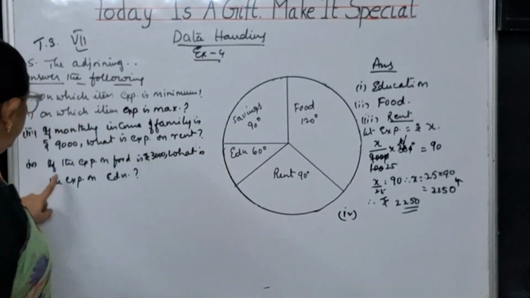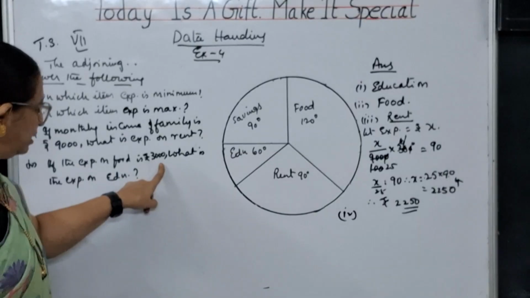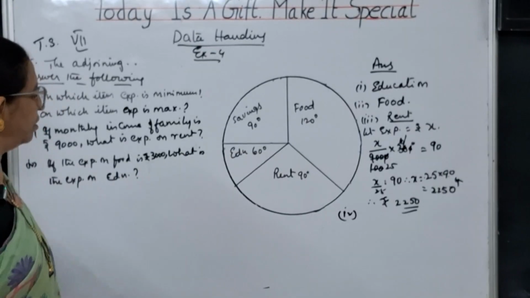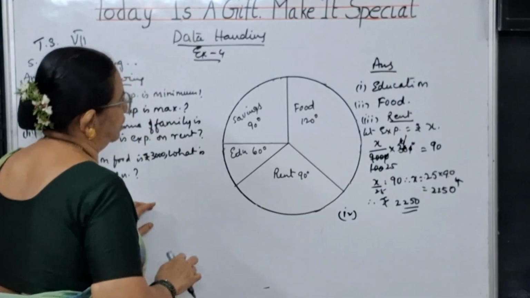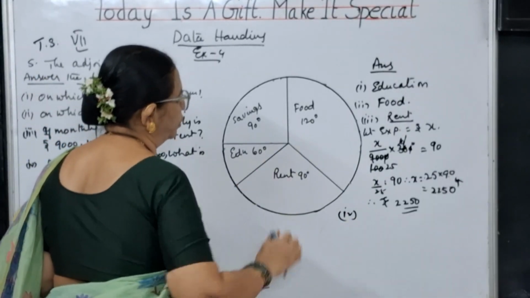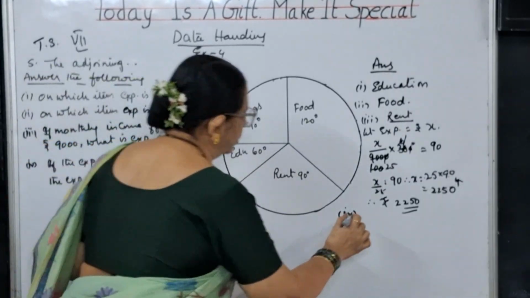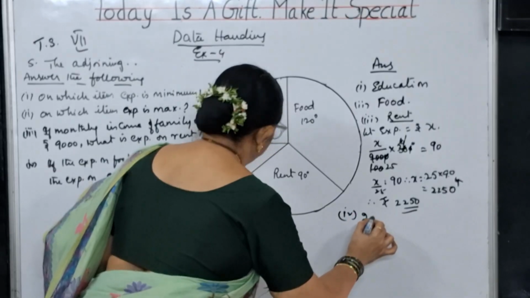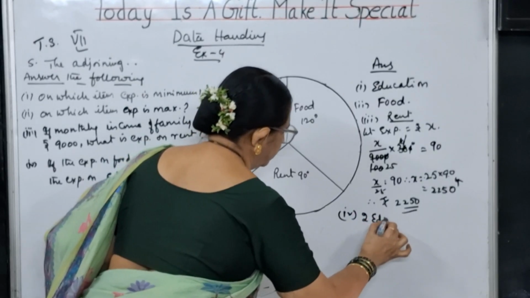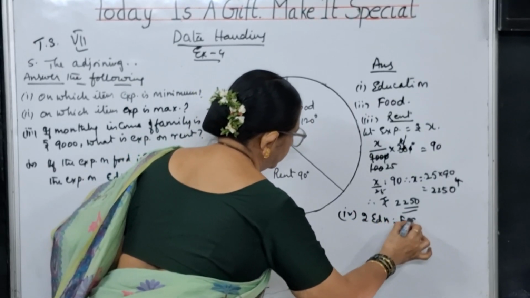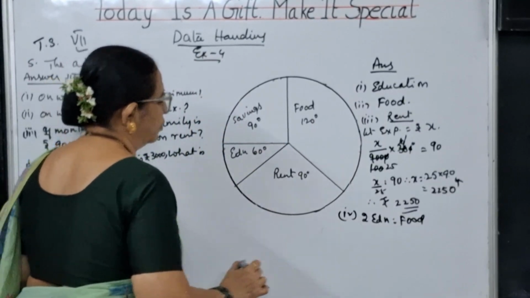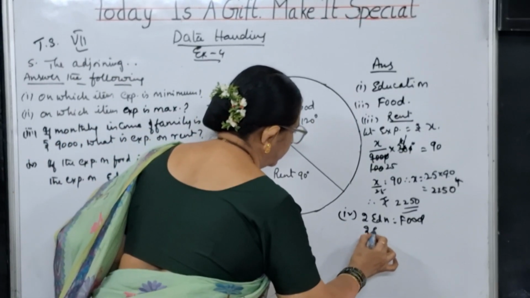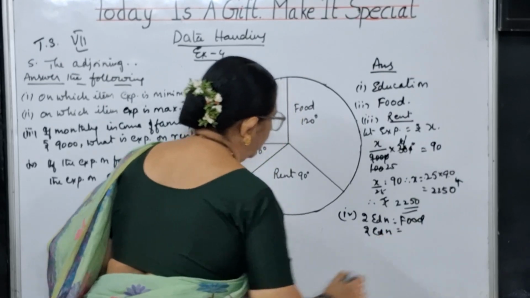Now the fourth bit. If the expenditure on food is 3000, what is the expenditure on education? See children, food is double of 60, no? 60 into 2 is food. So food is 2 times education. Yes or no? 2 times of 60 is 120. So food is 2 times education.